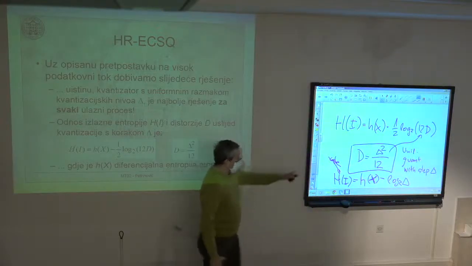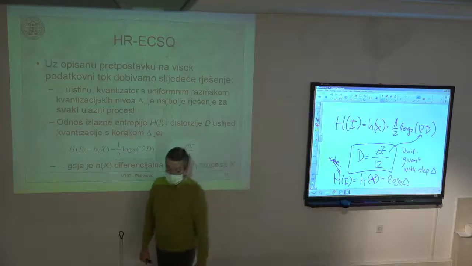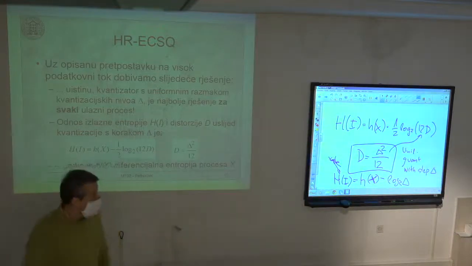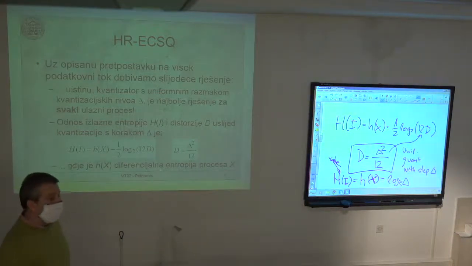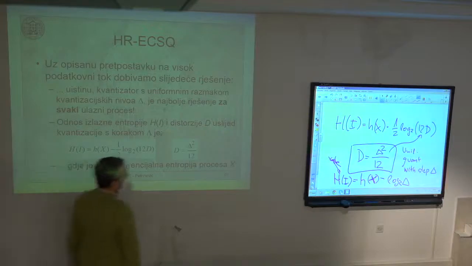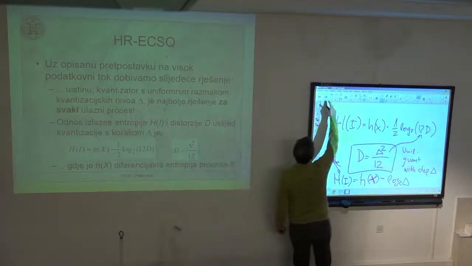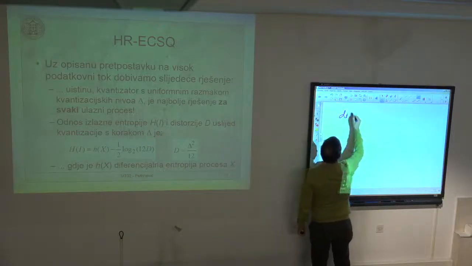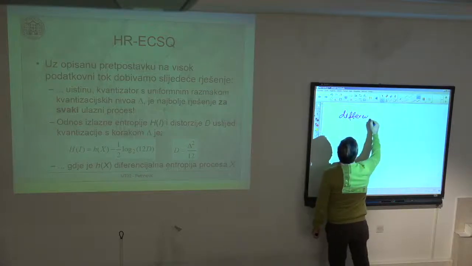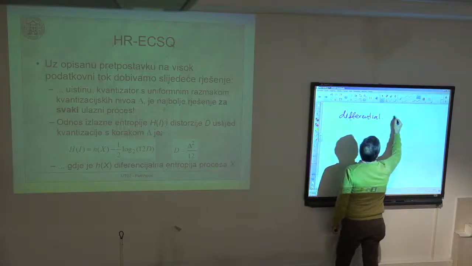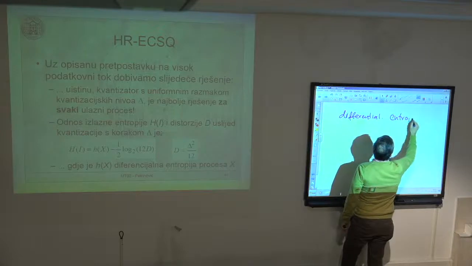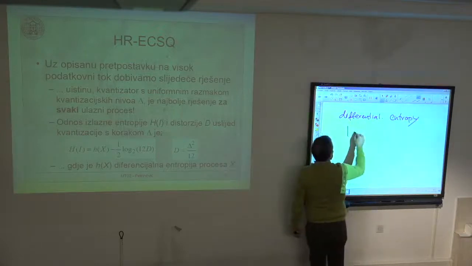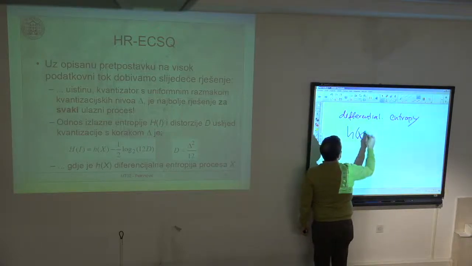Okay, so what is this small h of x? Who knows? It says here, differential entropy. It is known as differential entropy. So h of x, this x is a process.